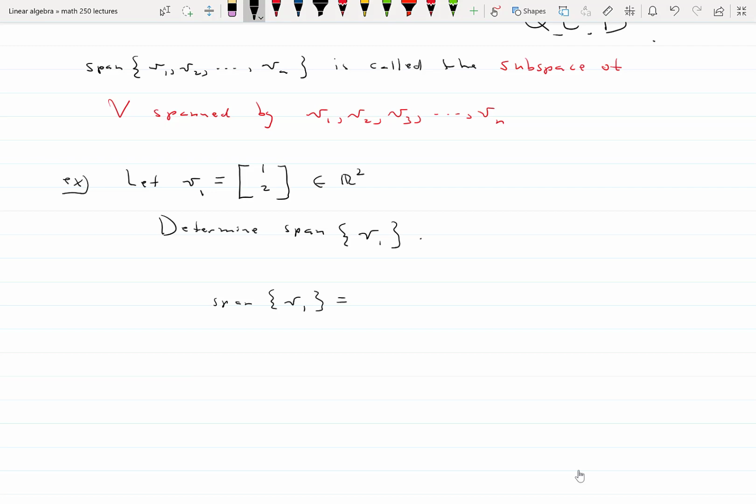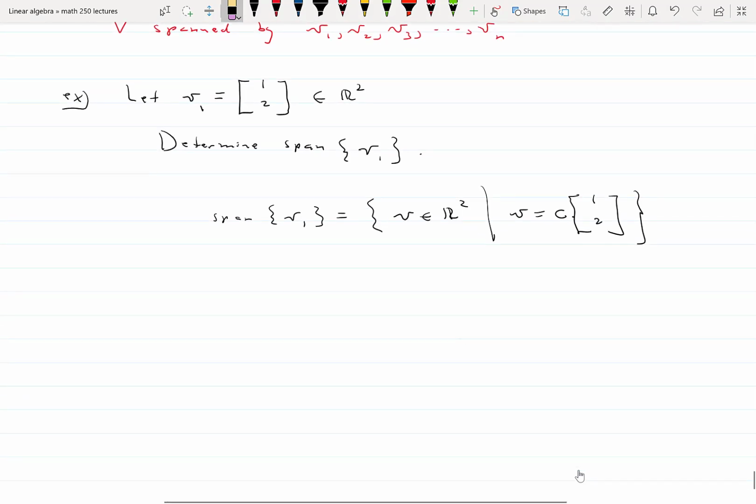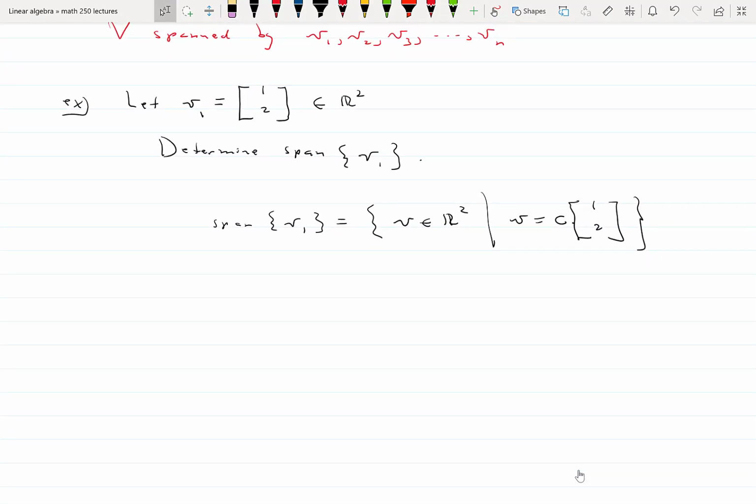So the span of V1 is nothing more than the set of all vectors V from R2 such that V is some linear combination of the vector 1, 2. Not a real exciting set, but it doesn't describe the set very well. We can see what R2 is: it's the XY plane, with points written as column vectors. What does the span look like?